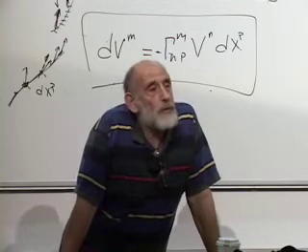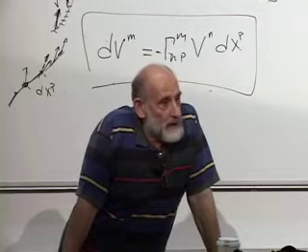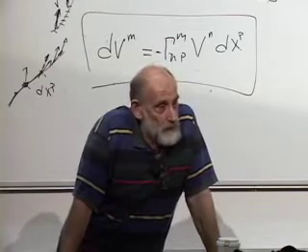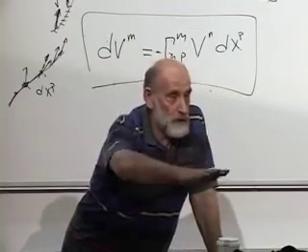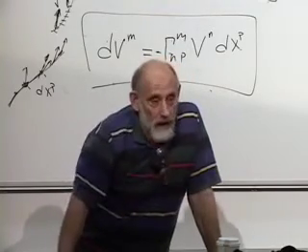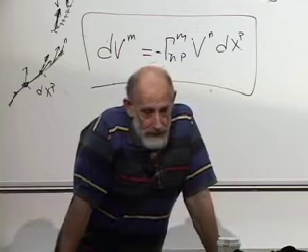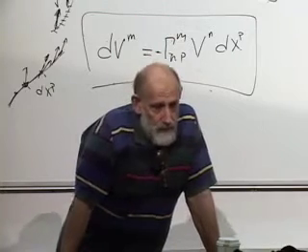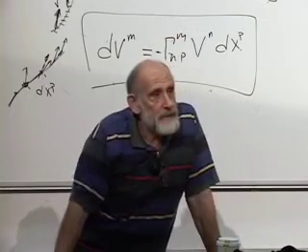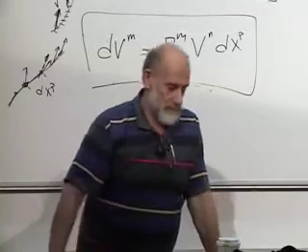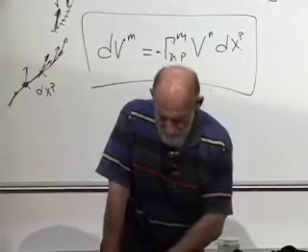When you parallel transport a vector in the two-dimensional space, you keep it in the two-dimensional space. It's always pointing in the two-dimensional space. You can understand it better if you think that for it to be a vector, it has to be just two numbers. It cannot be three numbers.